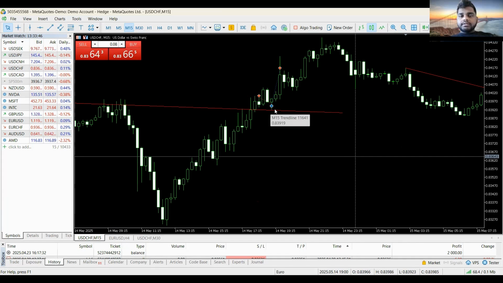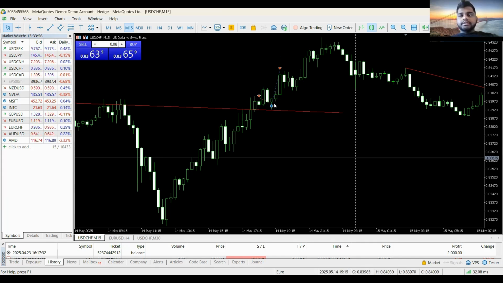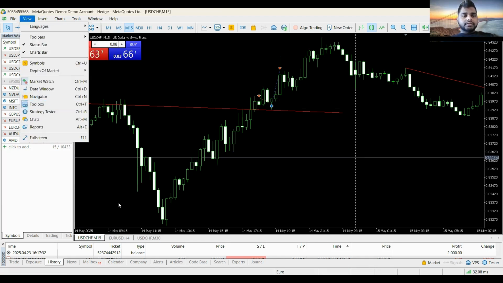So I took a buy over here because it came close. I tried to buy over here, but I got executed over here. I put my take profit over here, and the take profit got hit. So we made a decent profit on this trade.